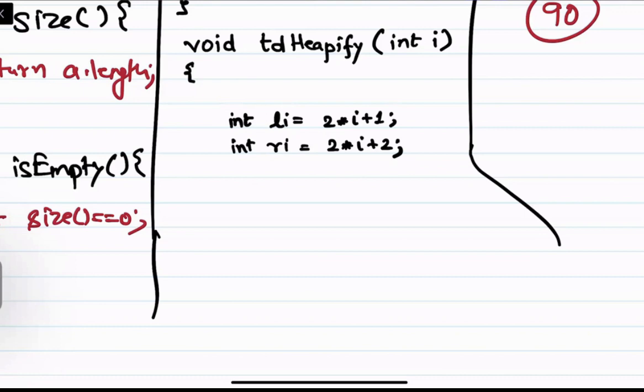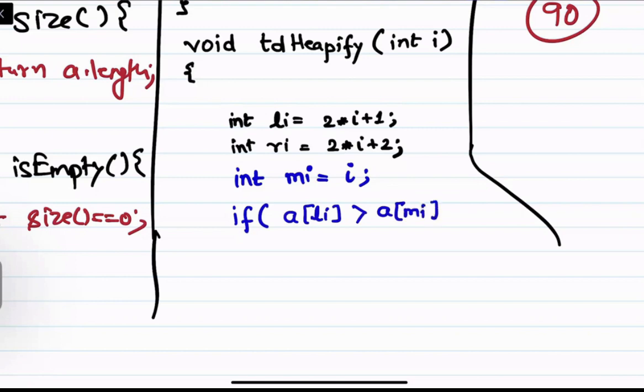Okay. So first goal is let's find out who is maximum. Let's assume I is maximum. Now, Mi will be one index which will track who is maximum: Li, Ri, or I. So first, how do I compare it with left? Can I say if A of Li is greater than A of Mi, then Mi is equal to Li?